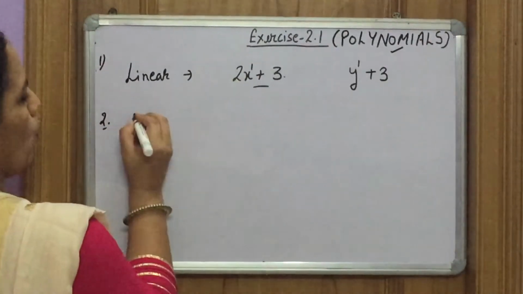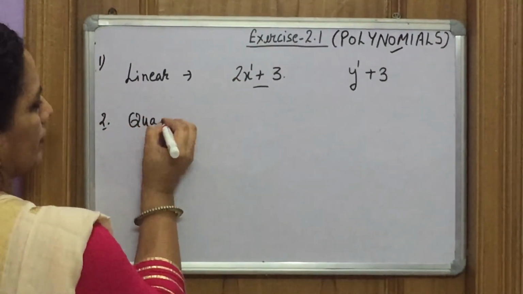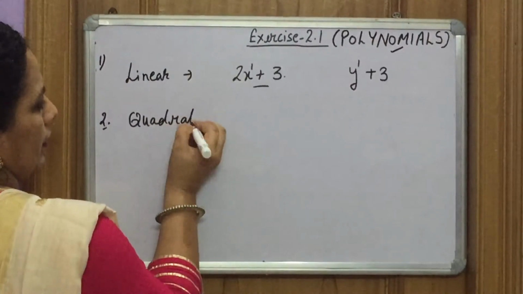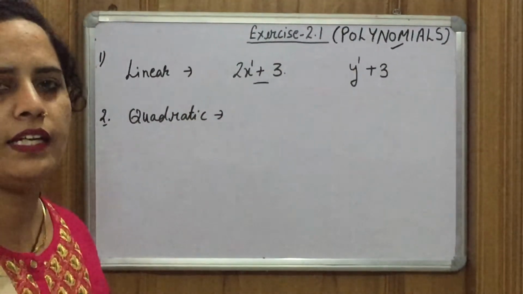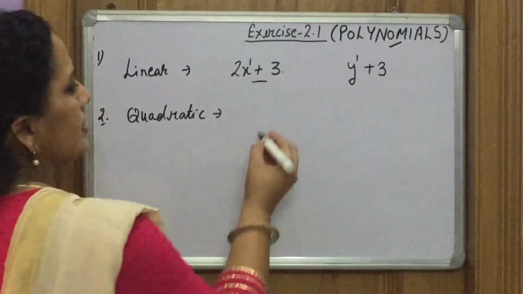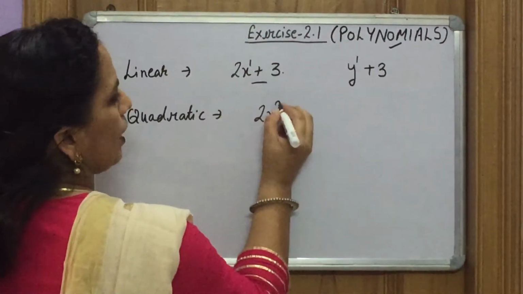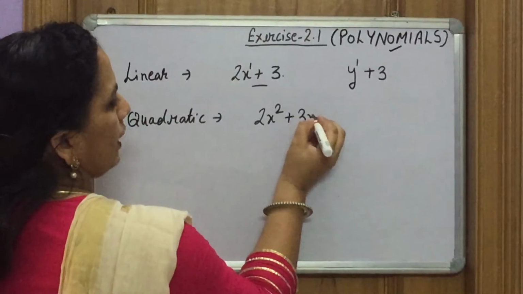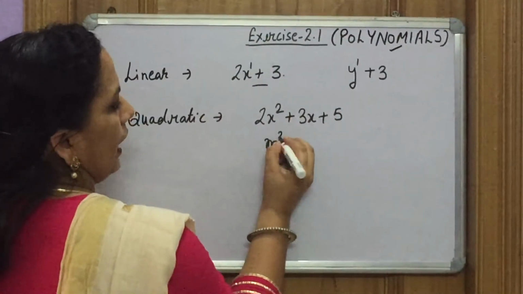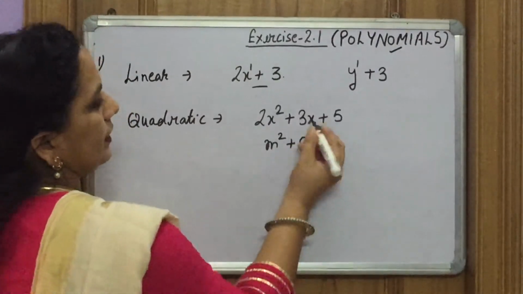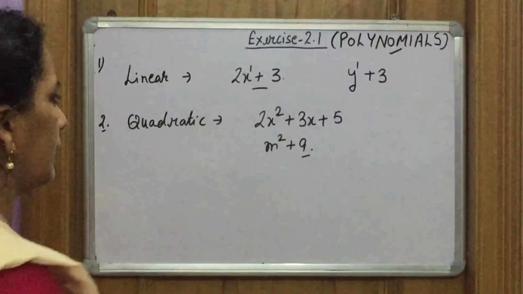Next is quadratic polynomial. A polynomial in which degree is 2, then this polynomial is said to be a quadratic polynomial. 2x square plus 3x plus 5, n square plus 9. These are quadratic polynomials.